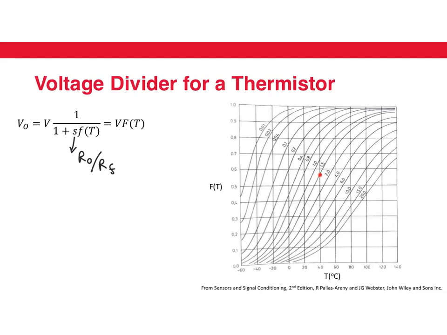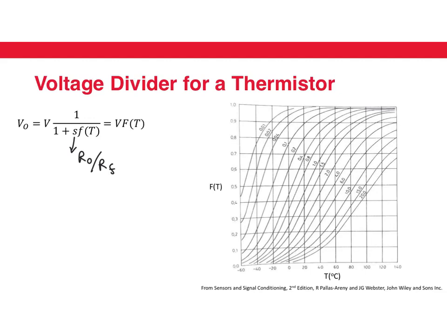So if we want to use our thermistor between, let's say, around 10 degrees to 40 degrees, we could choose an S of 1.5. But if we want to use our thermistor between, let's say, 80 and 100 degrees, probably an S of 20 would be better, because then we'll have a more linear relationship between the output and the temperature. So that's the advantage of writing the equation like that.